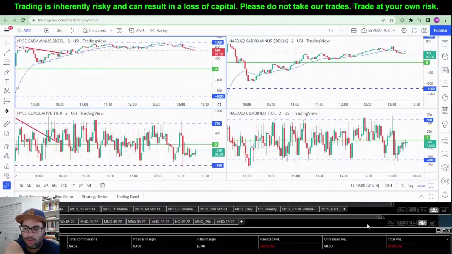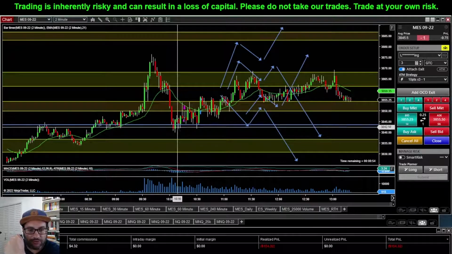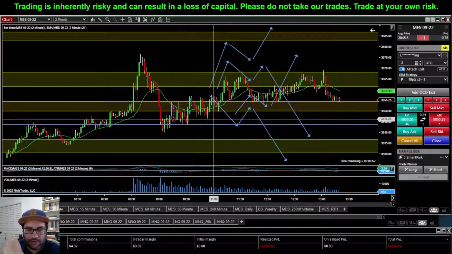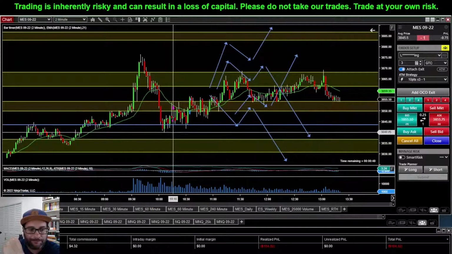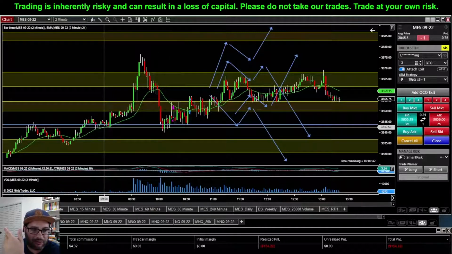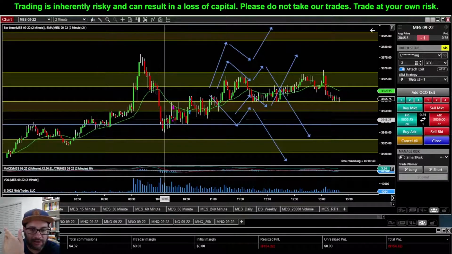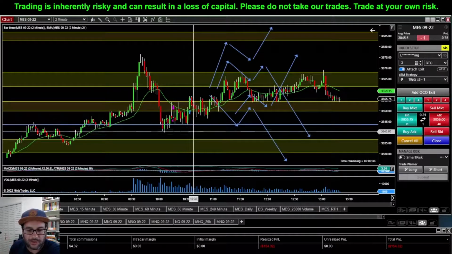a potential long entry. Now, originally, I didn't necessarily think that this was going to be the low of the day. So when I take longs after this move, I like them to be in much clearer areas that I think can be the low of the day. And what I missed was the fact that I had this zone down here. So if price would have come down to here at the time, I would have thought that that was the low of the day.